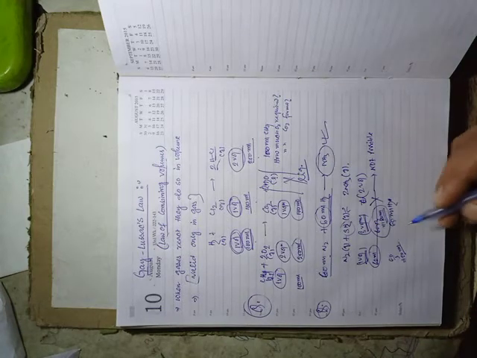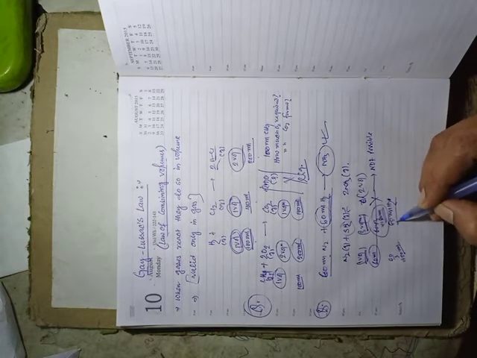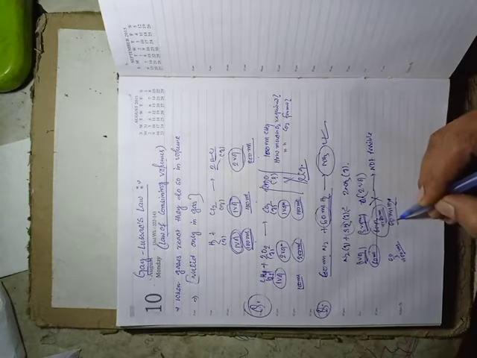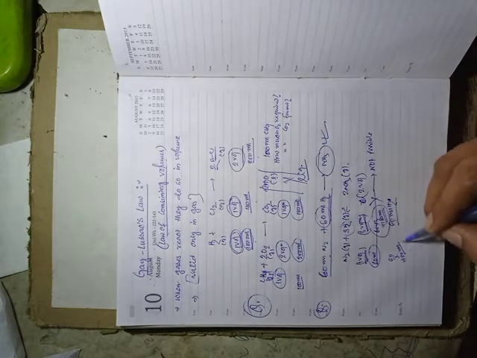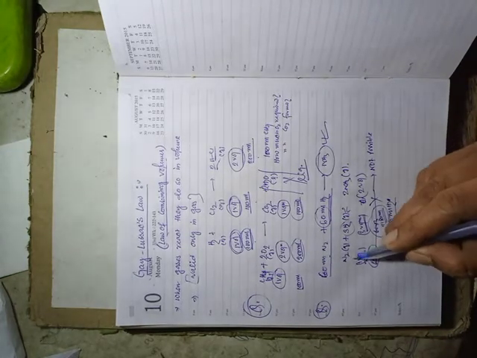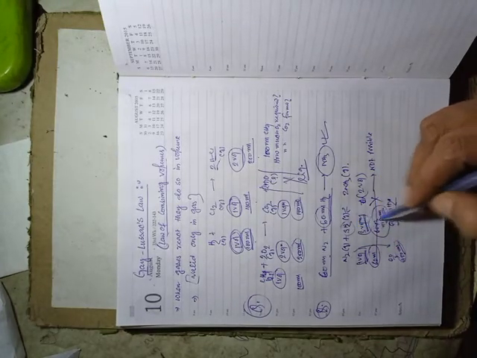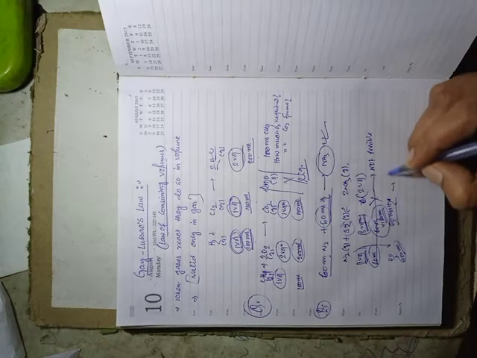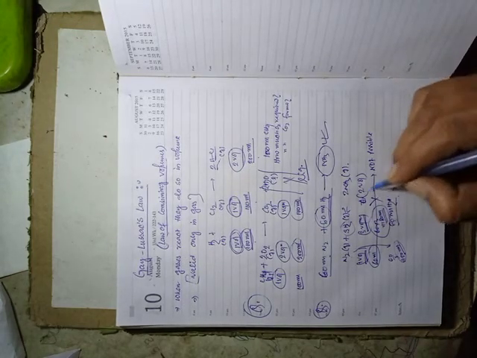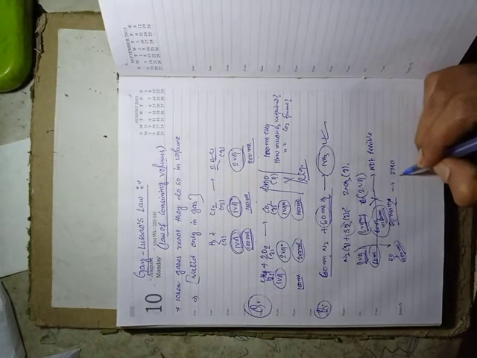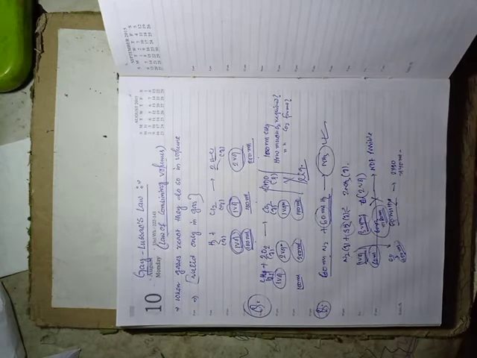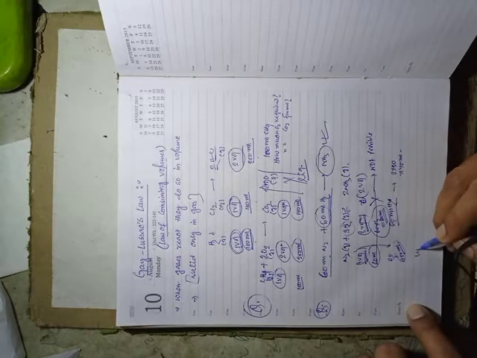So from the hydrogen side, hydrogen is 60 ml. 60 ml will completely react with 20 ml nitrogen, because 1 volume nitrogen means 20 ml nitrogen reacts with 20 into 3, 60 ml hydrogen to form 2 volumes, 2 into 20, which means 40 ml ammonia. I think now you can understand.